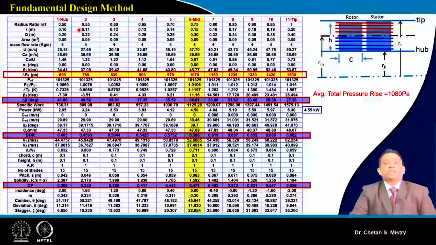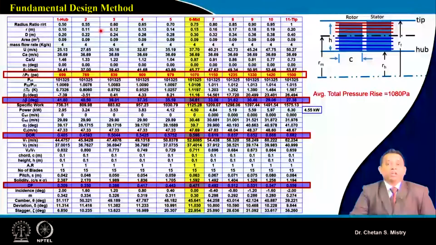Suppose this is a low aspect ratio blade, so my blade height is smaller. It may be possible that you will have taller blades. For taller blades, you increase your number of stations. So variation of my blade geometry will be taken care of more precisely in that case.